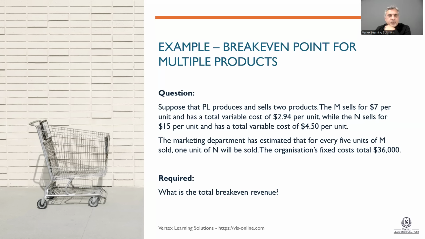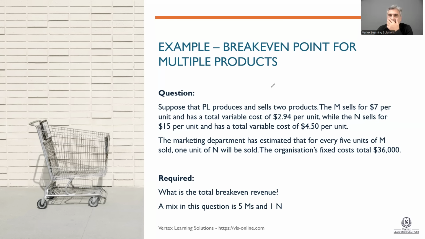So what is the total break-even revenue? In this question, what is missing here? What we always need is the product mix. The product mix means for how many M, how many N's are sold. So they tell us here that the mix in this question is 5 M's and 1 N. And that has to be very carefully understood.